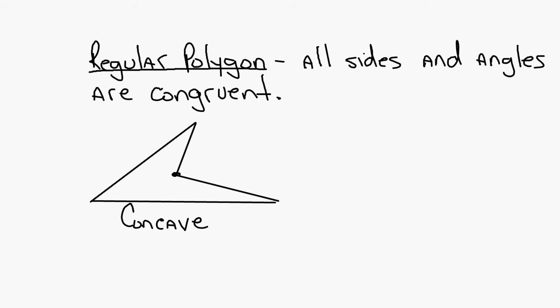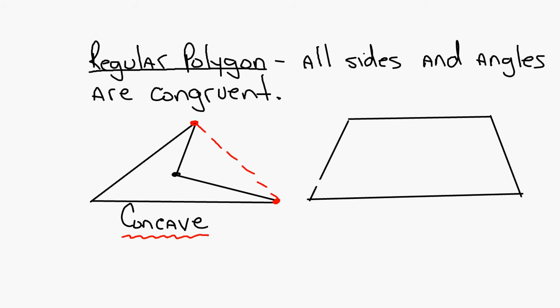Or if you connect non-consecutive vertices, if I connect these 2 non-consecutive vertices, there is another vertex inside of that line. That makes it a concave polygon. If all the vertices stay on the outside of the shape, then it's called a convex polygon.